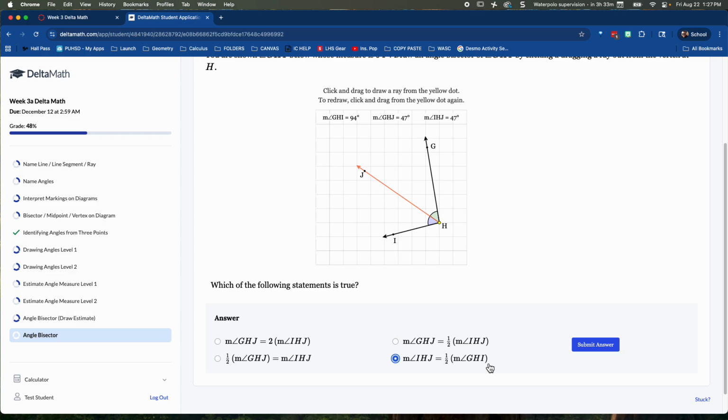GHI means I have a middle of I, and I'm going all the way from G to I. So that's the total angle, both pieces put together. What this is saying is if you took both pieces put together, GHI, and took half of it, just one side or one rotation, that would give you the other piece here, the IHJ, is half of the total rotation.